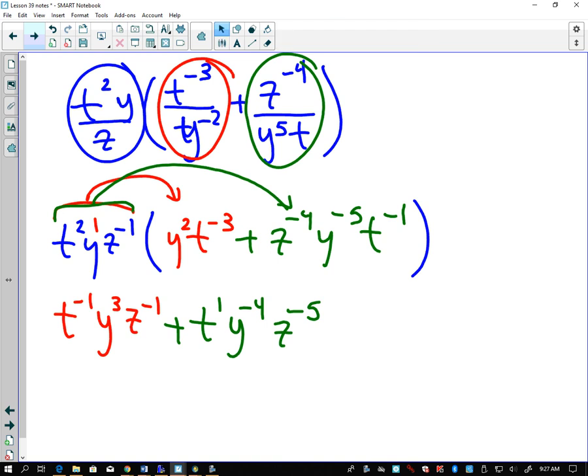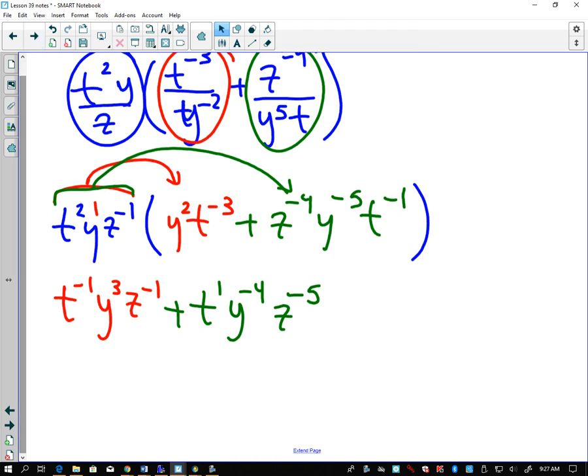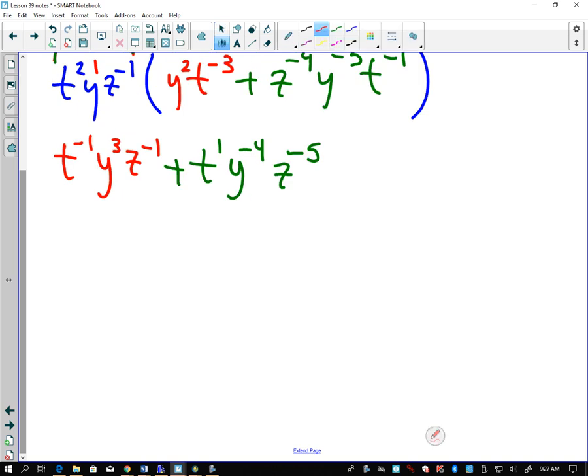All right, now let's go ahead and move things across the division bar as needed. What's going to stay up top? Y to the third. What goes down? What do I get in the denominator? T and Z. And I don't have to write their exponents because they're 1.